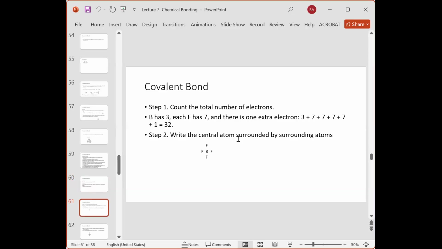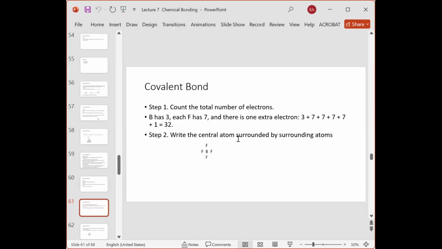So first, count the total number of electrons. Boron has 3, each fluorine has 7, and there's an extra electron, so 3, 7, 7, 7, 7, and one more, so then it becomes 32.